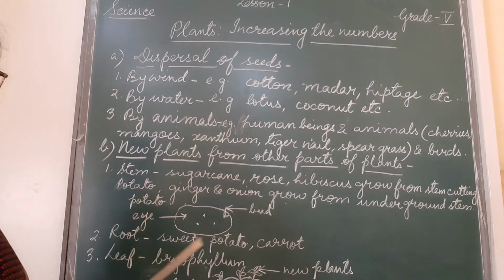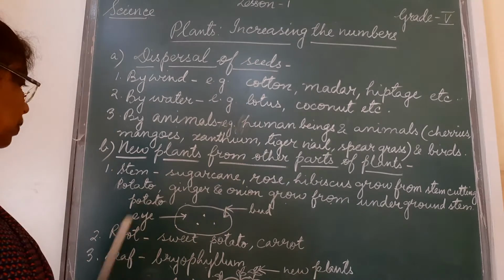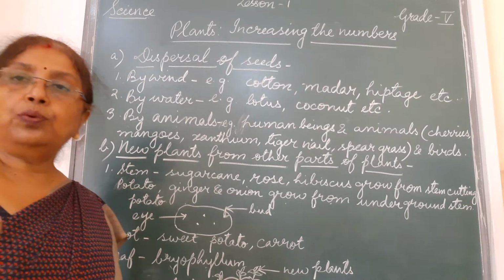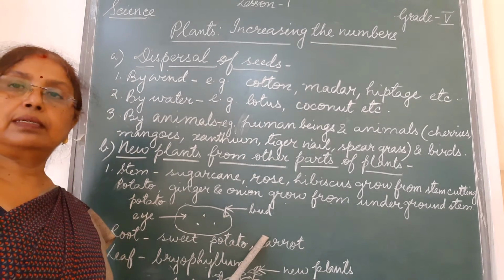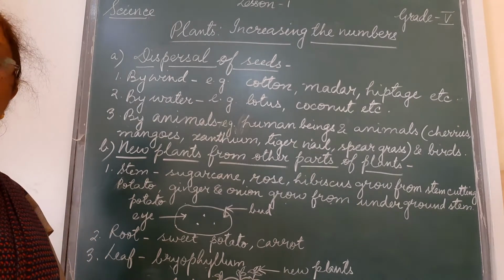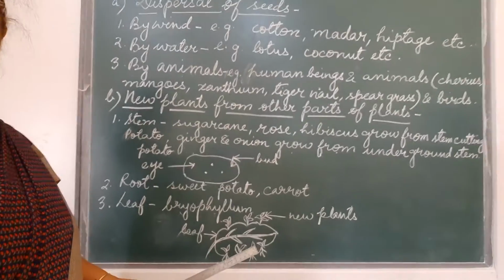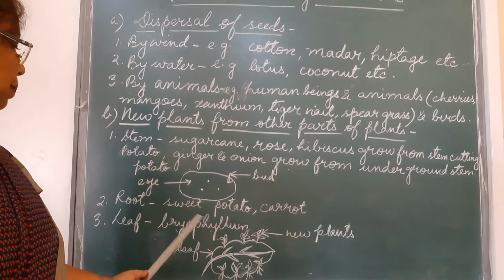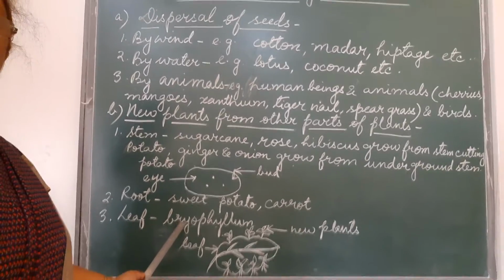And next we will see about the new plants growing from the root. Now here we can see that from the root which plants grow? Sweet potato and carrot. And later on we will also see some plants growing from the leaf like bryophyllum.